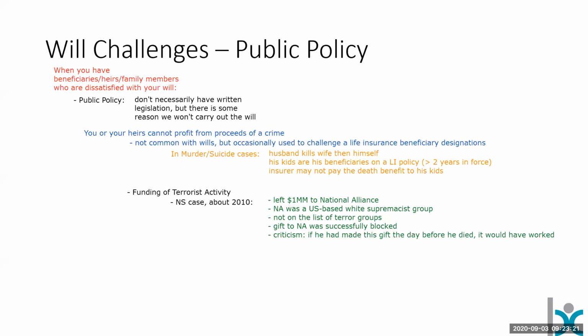Okay. Yes, that's true, Todd. The wife's policy would pay out. It wasn't her actions that caused this to happen. She's not benefiting, or her heirs are not benefiting, from the proceeds of a crime she committed. Okay.